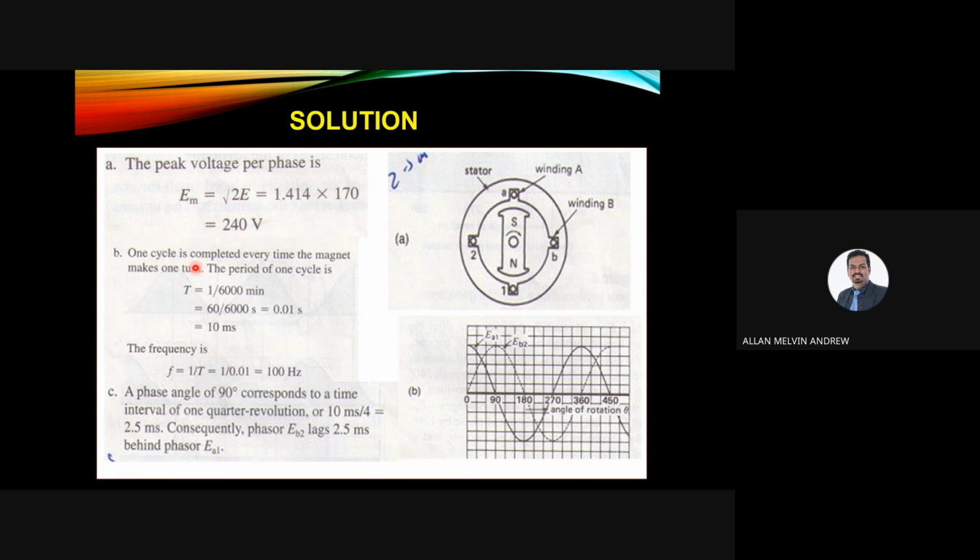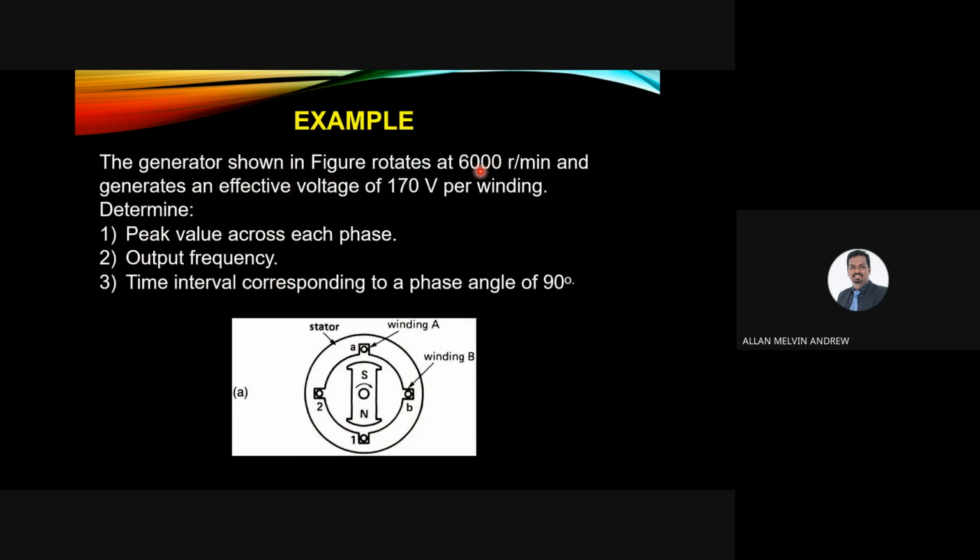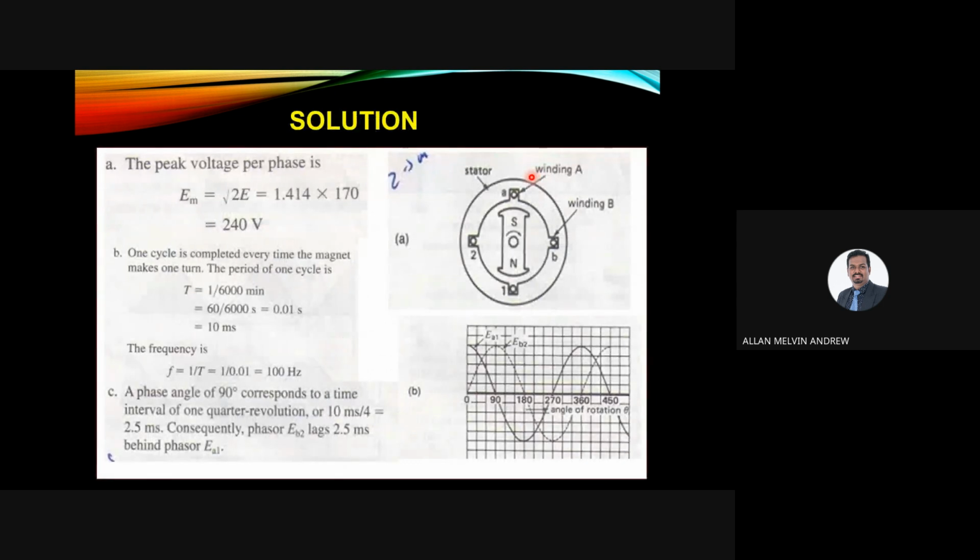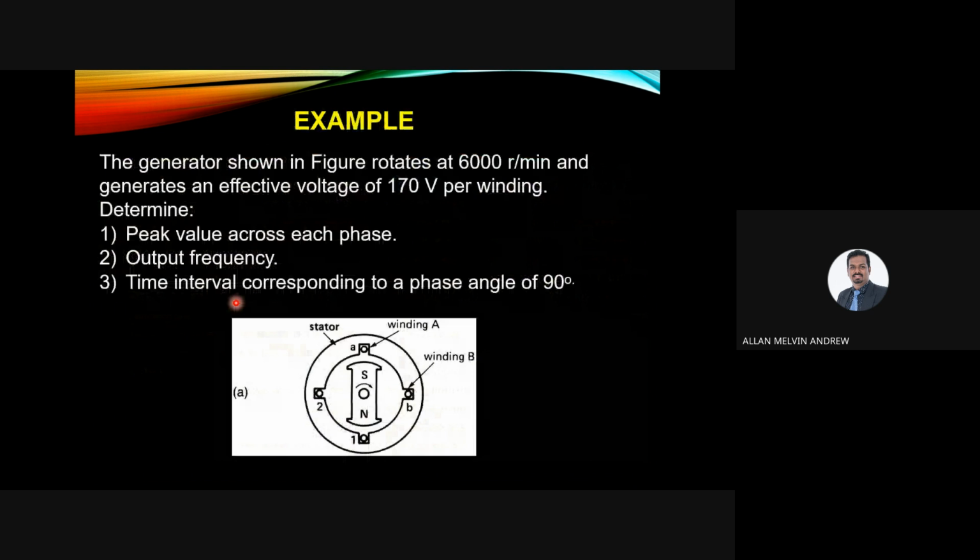One cycle is completed every time the magnet makes one turn. So the period of one cycle: it is given as 6,000 revolutions per minute, and we want to convert it into seconds. So T is 1 over 6,000 minutes.